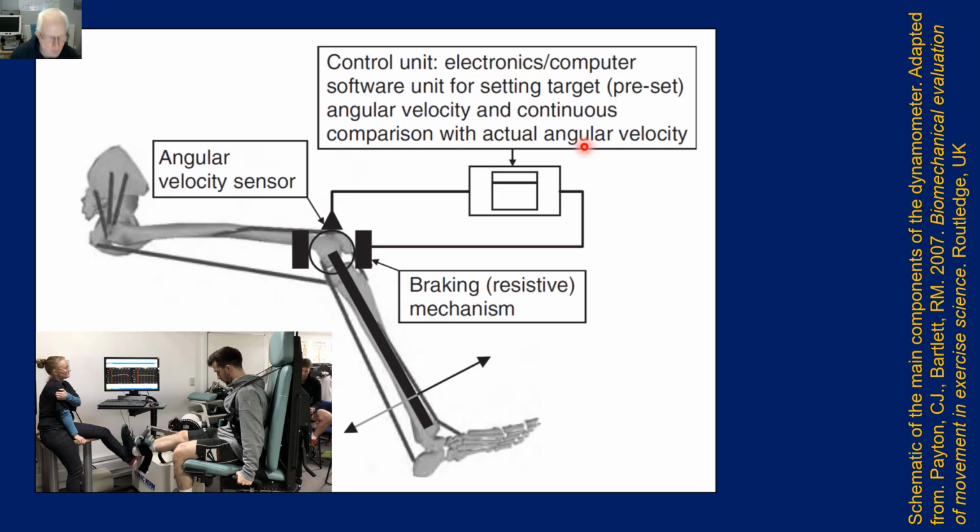So we want to assess the maximum amount of force in any movement. So we could prescribe, for example, in this image here, we're going to have our participant and ask them that we want to move them at an angular velocity of 60 degrees per second.